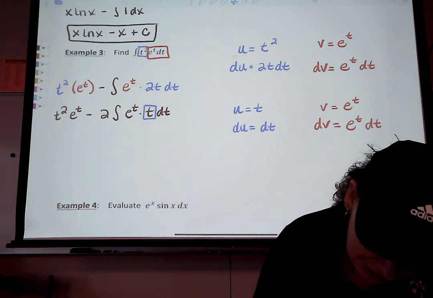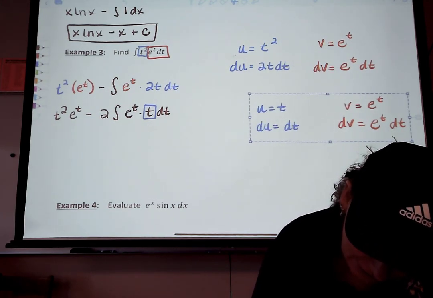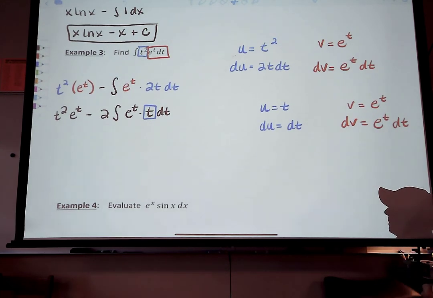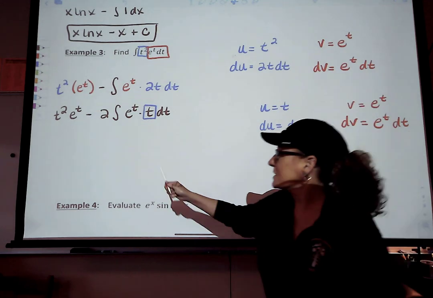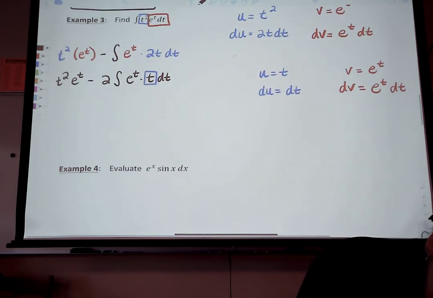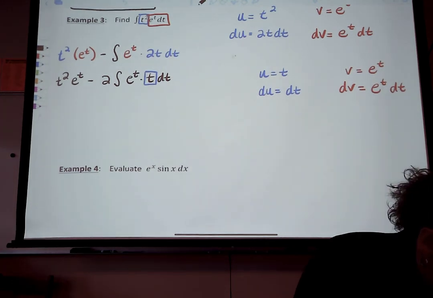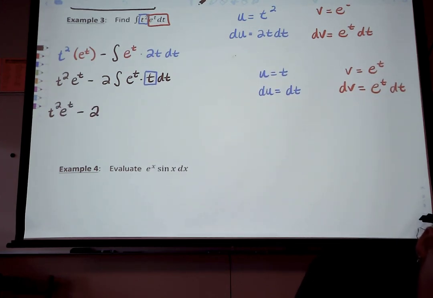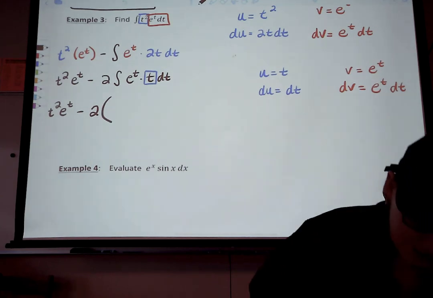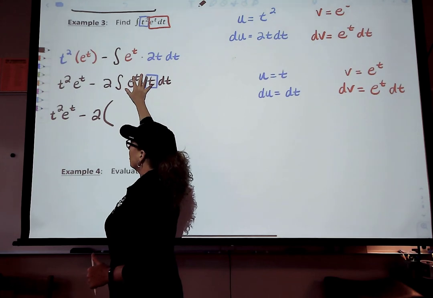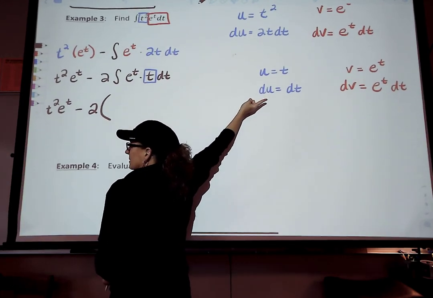And let me just make sure that I have given myself enough room. Okay, this part stays the same. I'm just going to copy it. Minus 2 parentheses. Ready? So in order to evaluate this integral, I'm going to go uv minus the integral of v du.